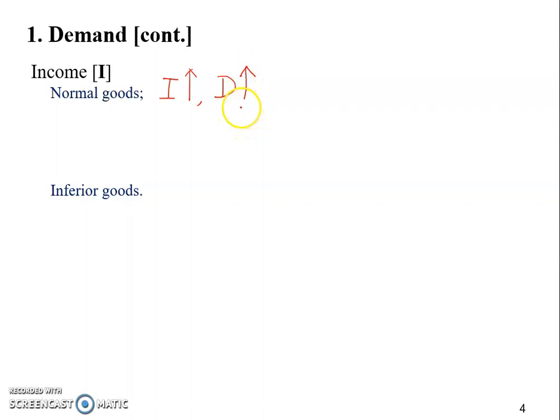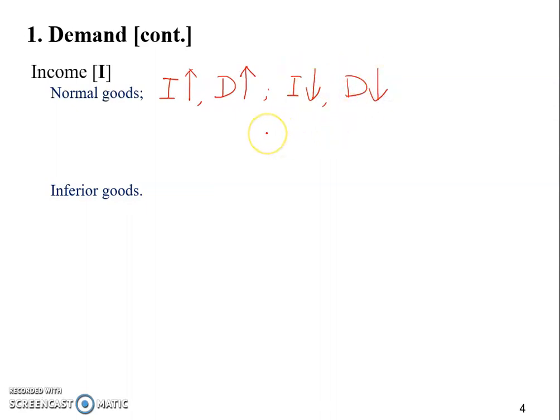You probably want to know why we don't use quantity demanded here. In a few minutes, we're going to explain this to you. Anyway, here capital letter D stands for demand. Or vice versa, if income falls, the demand is going to go down.